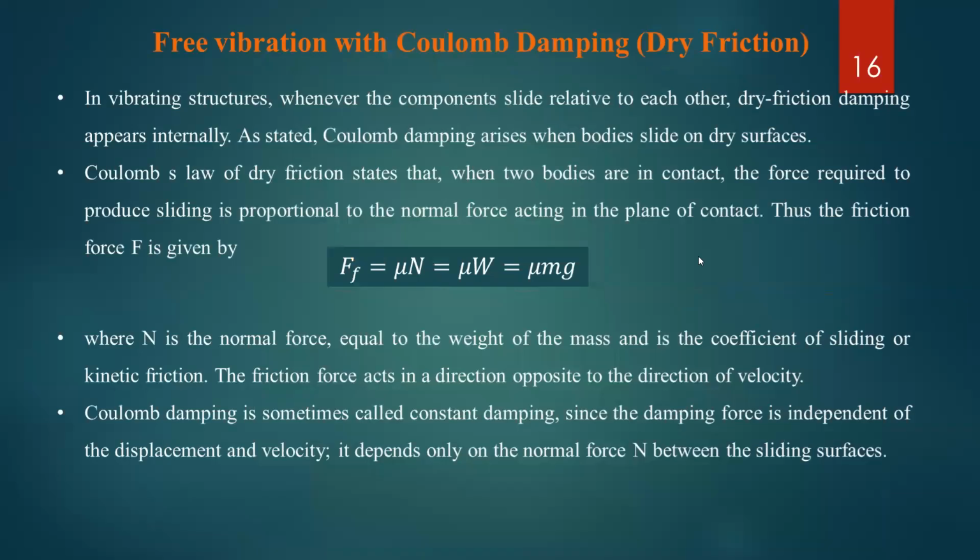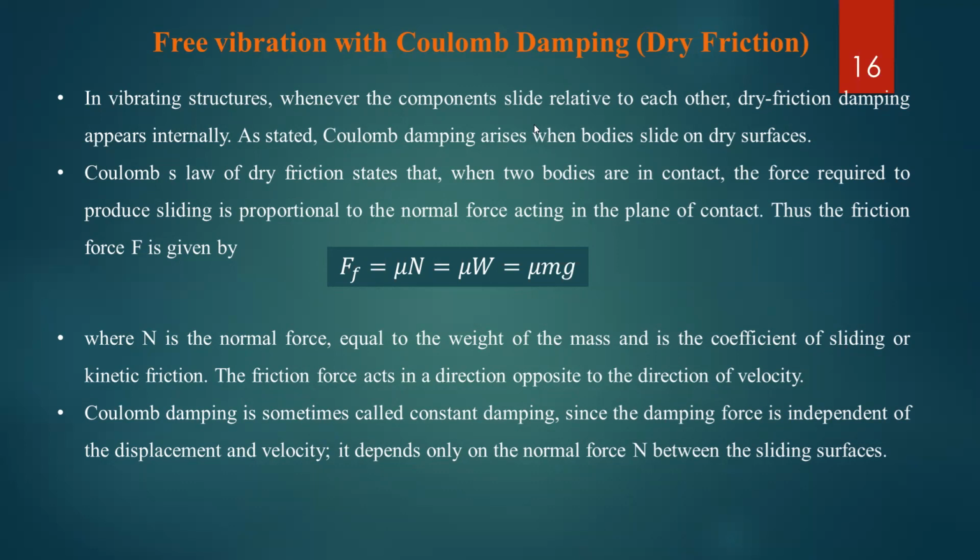So, free vibration with dry friction. Dry friction means this Coulomb damping is a kind of dry friction. In a vibrating structure, whenever components slide relative to each other, dry friction damping will appear. As stated, Coulomb damping arises when the body slides on a dry surface.